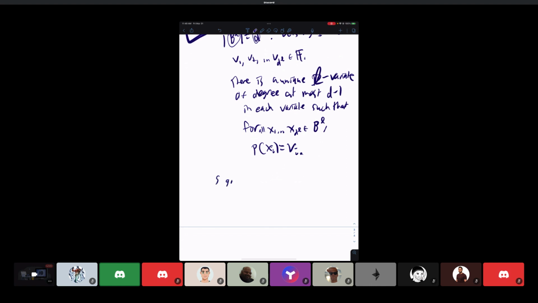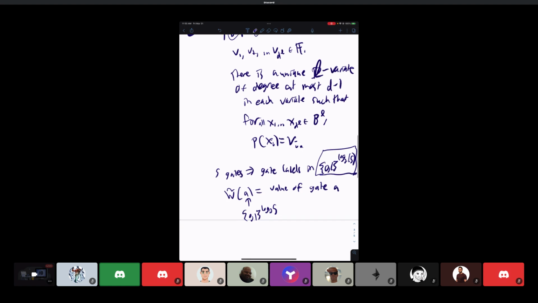If there are S gates in the circuit, each gate will be in {0, 1} to the log base 2 of S, because there are S unique binary strings of length log base 2 of S. And then you'll define a polynomial whose input is in {0, 1} to the log base 2 of S, so this is a log base 2 of S-variate polynomial, that should spit out the value of gate A in the circuit, when evaluated on the witness or whatever.